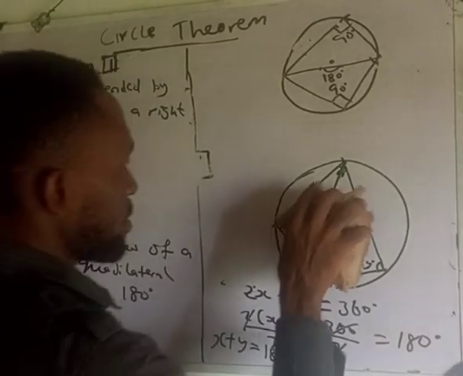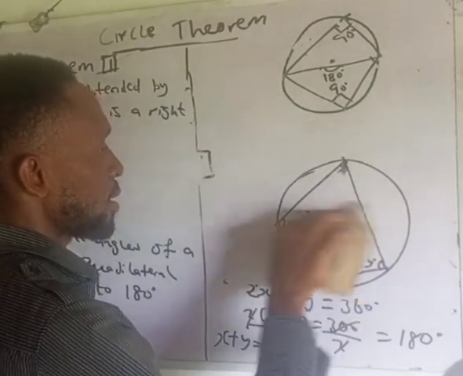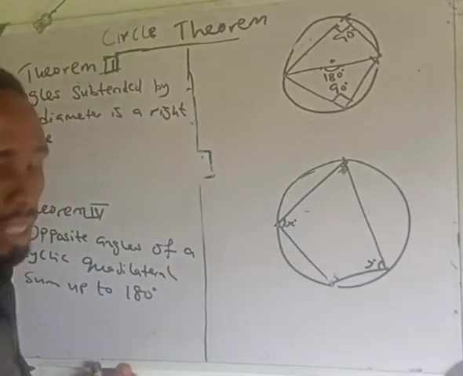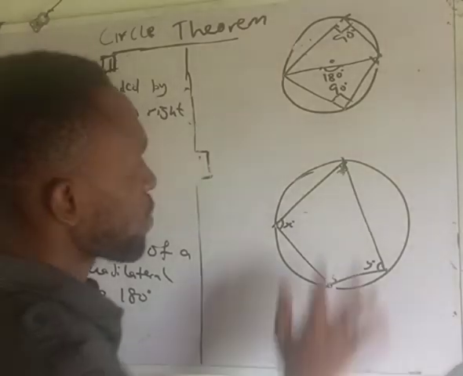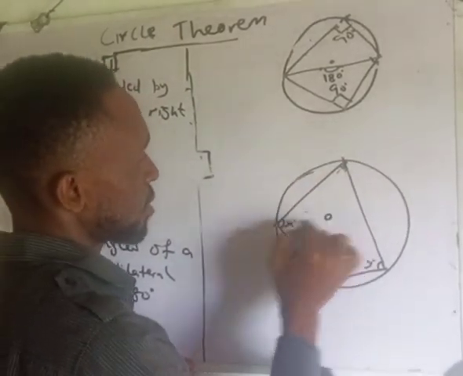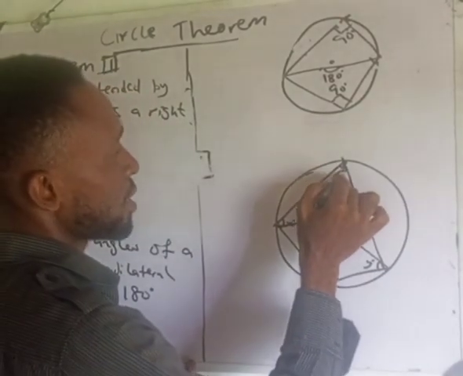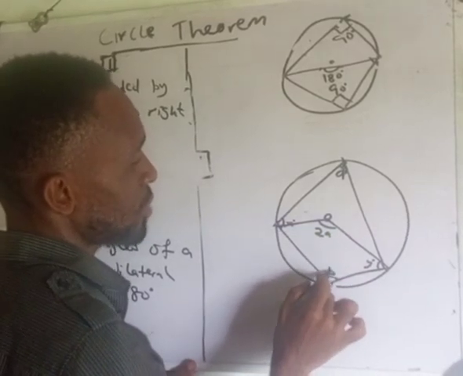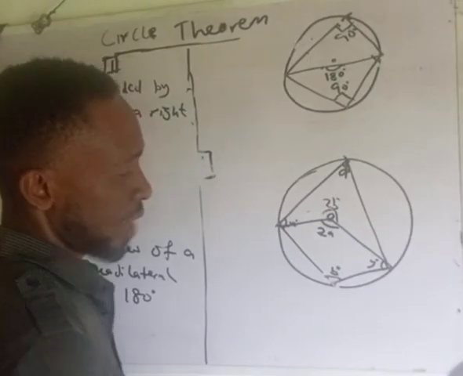Let me just clean this a bit. I'll still do it for the A and B so that we'll see how it goes. What you just need to know is that anytime you sum up the opposite angles in a cyclic quadrilateral, it will give you 180 degrees. So if I have this, for instance, let's say this is the center of the circle. That means this A degrees will subtend 2A here, while this B degrees will subtend 2B degrees here, right?